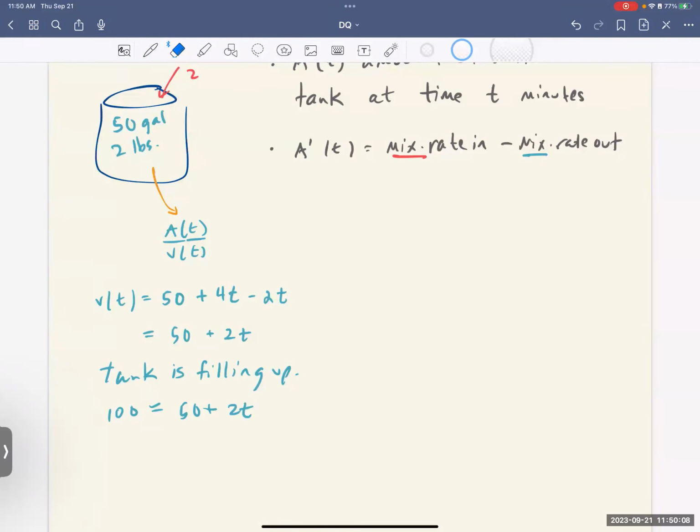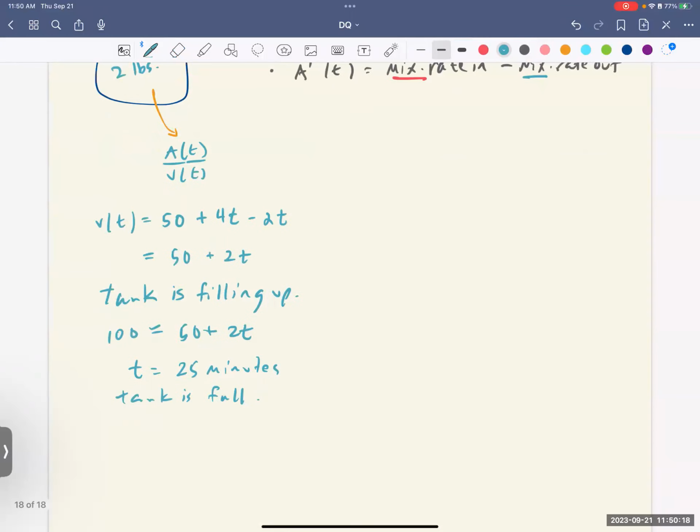So t is 25 minutes, tank is full. That volume also imposes a domain on the problem. So the domain for the problem would be 0 to 25. That's what makes sense as a domain for A of t, which we're going to find when we solve this.